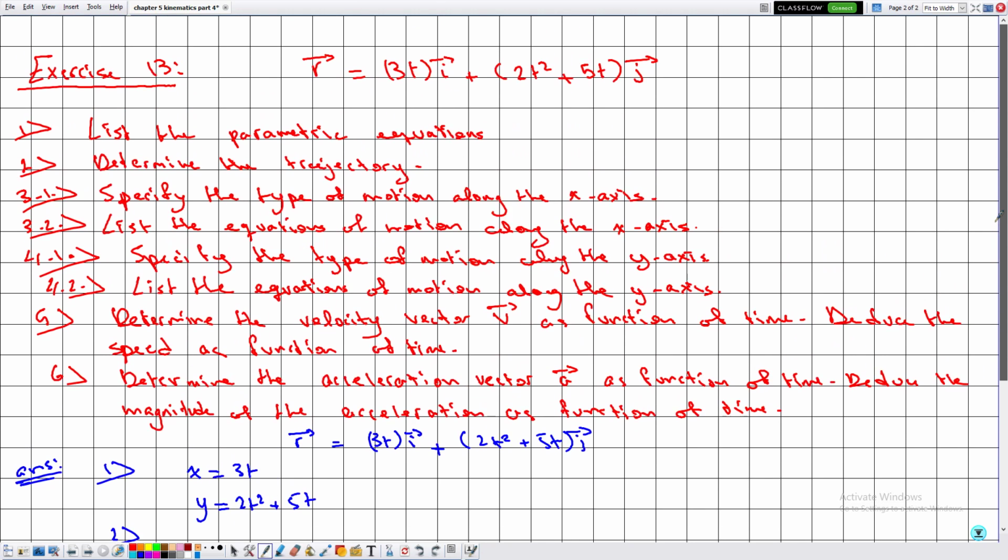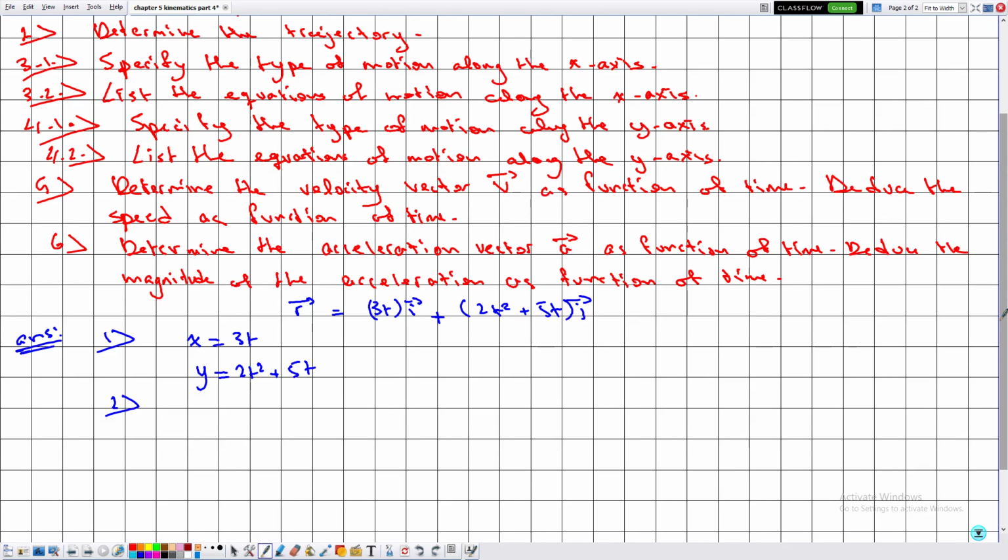they are asking me to determine the trajectory, and this can be done by extracting t from the linear term and replacing it in the quadratic. Recall that the trajectory is the equation that relates x and y.